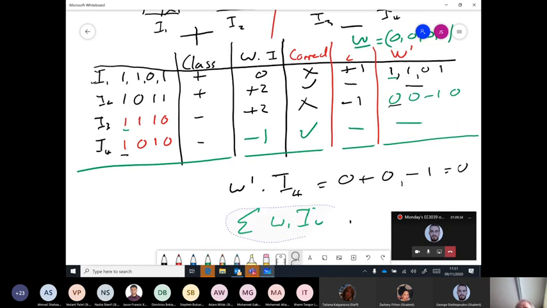Right, folks. Something crucially important is now emerging. We've got to the end of the training. We've got a weight vector, and the weight vector was 0, 0, minus 1, 0. We have made changes in the training.